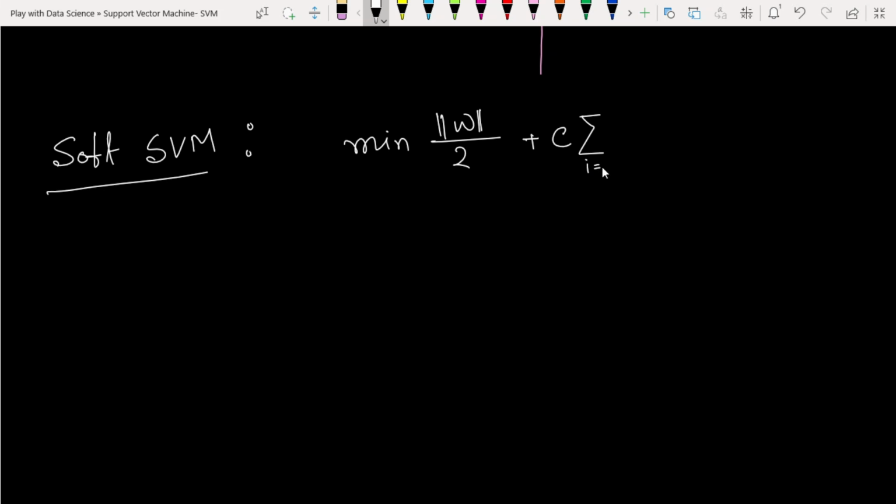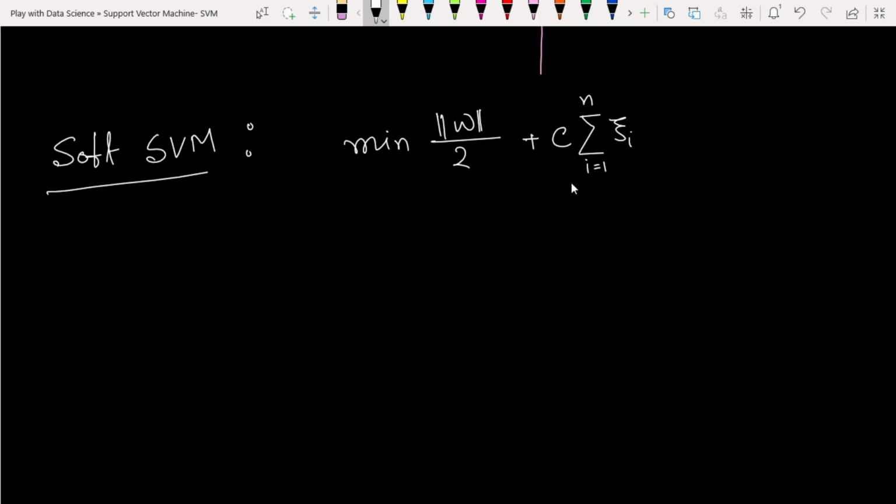Since 1 by n is a constant, we can easily neglect it. It is not a main matter. Don't be confused about why I am neglecting this 1 by n, the average term. If you are interested, you can take it, but for simplicity of our math I am neglecting it and simply taking the sum distance.